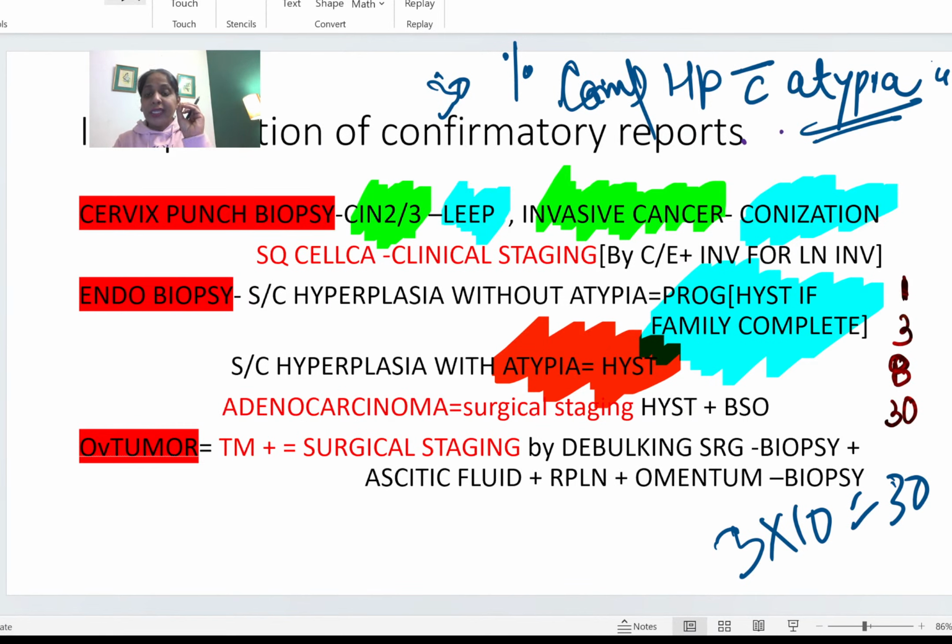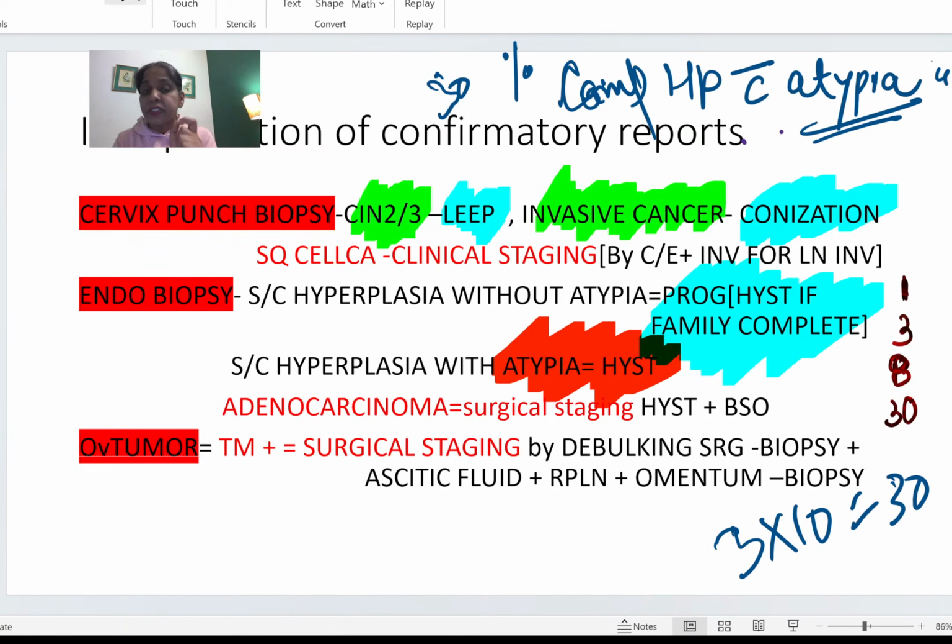Now, in the case of a patient with an ovarian tumor, we have sent tumor markers. Suppose the tumor marker AFP, alpha fetoprotein, comes high. So now we have to take the patient for surgical staging.